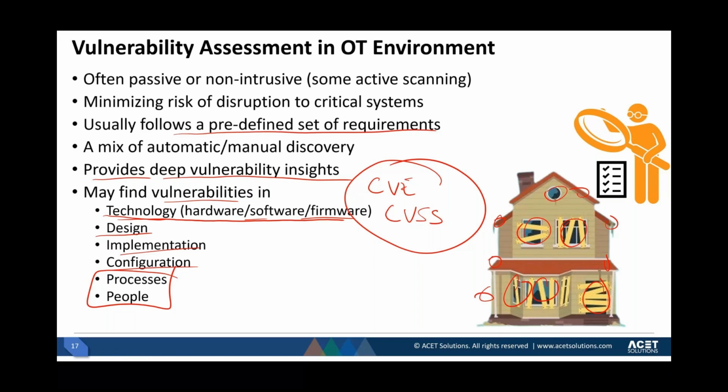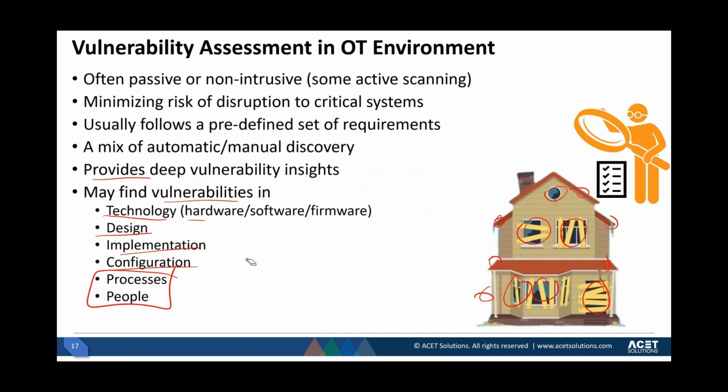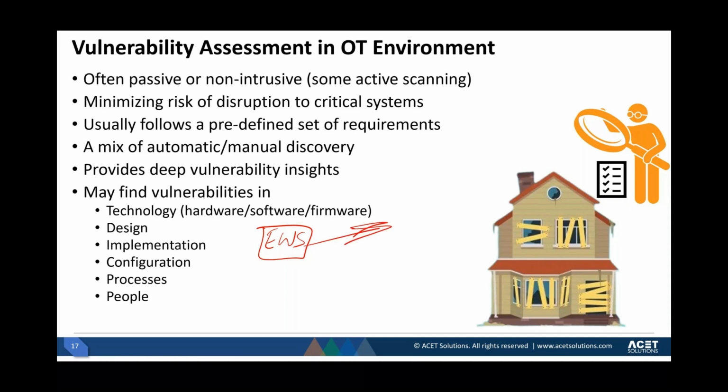I'll give a couple of examples over here, and more examples will follow going forward. For instance, do you have a backup for a certain computer? In a control system architecture, there is an engineering workstation which has the critical configuration of different PLCs and all. Do you have a backup of this computer, or a backup of the configuration files?